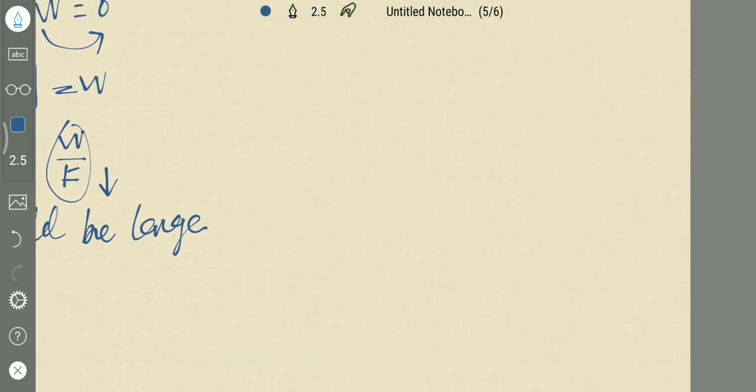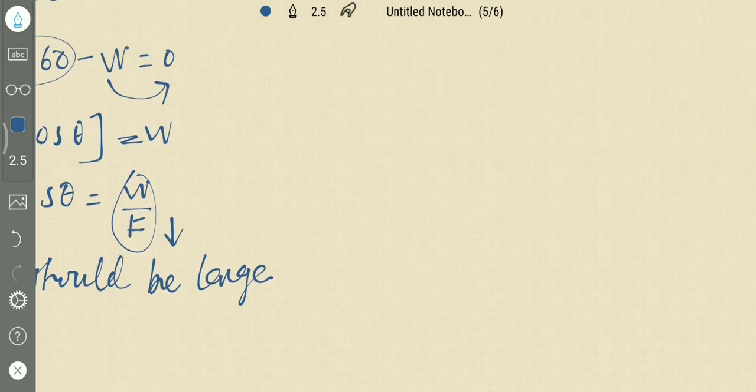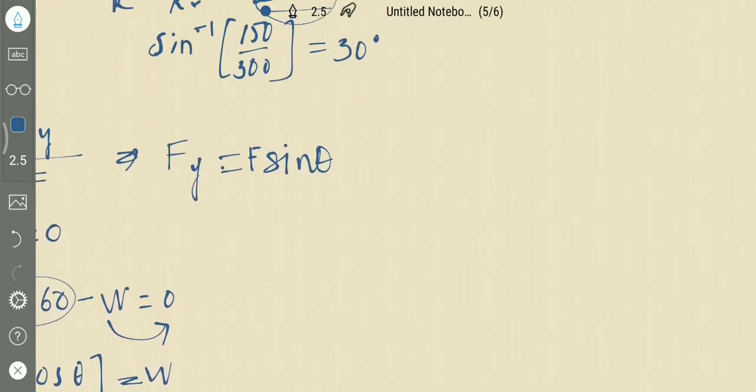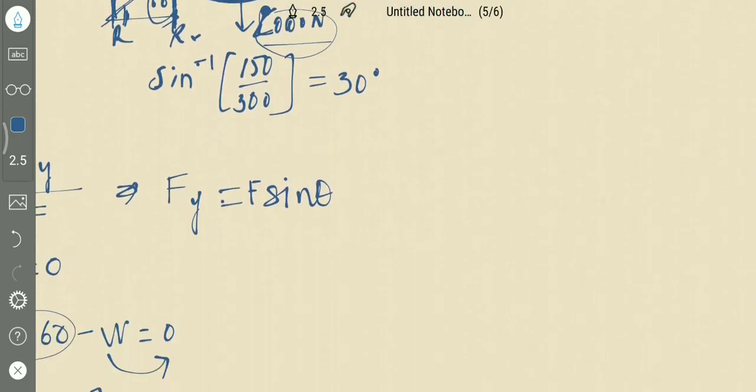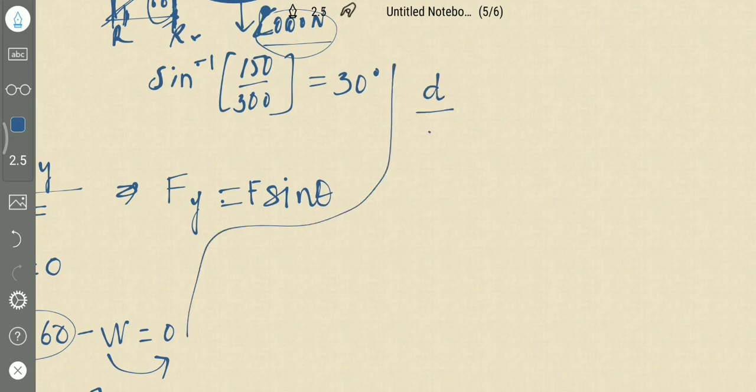In order to find the maximum value, we know we should differentiate it. So d by d theta, with respect to theta, if we differentiate W by F, it is equal to 0.